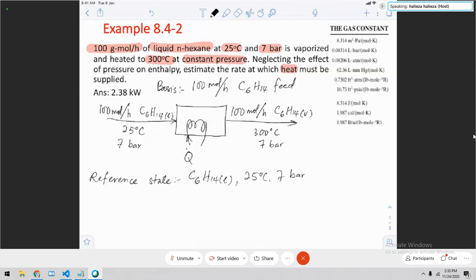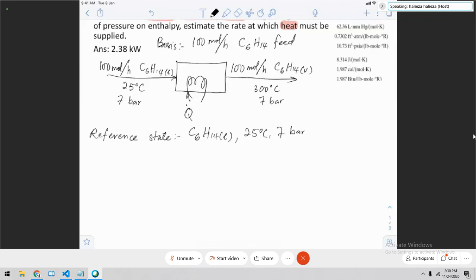Next, write out the first law of thermodynamics for an open system. The energy equation. Write down the general equation. Okay, it's an open system. Give me the equation.